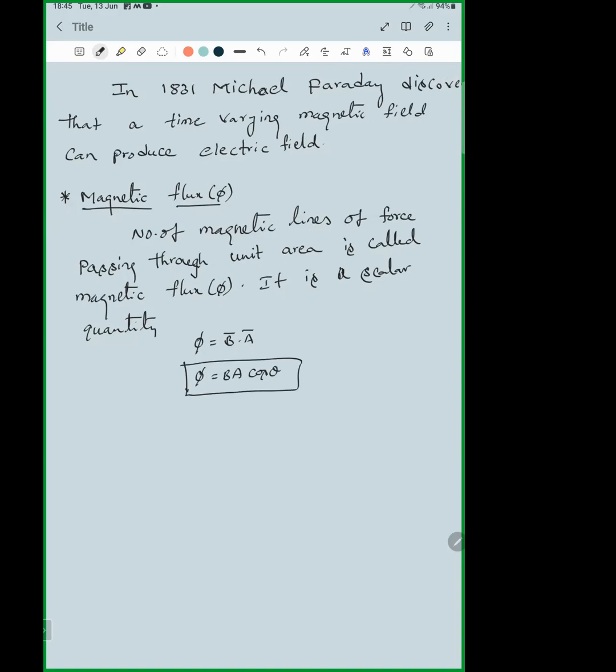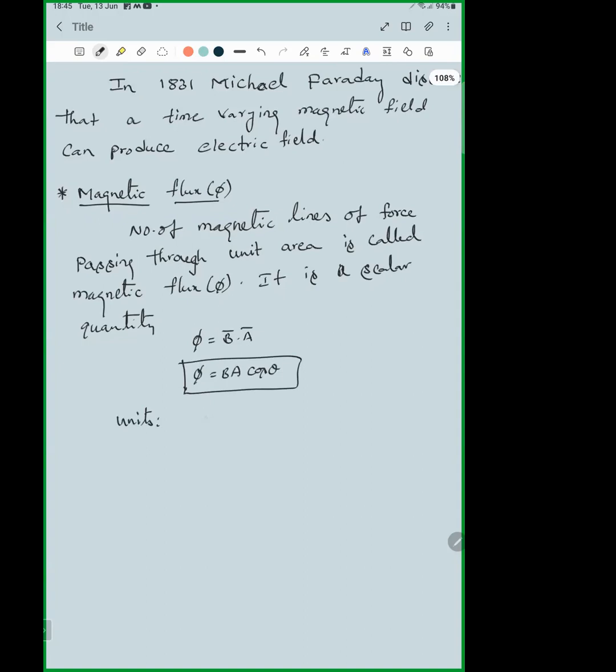What are the units for it? Now write down the units here. The SI unit of magnetic flux is Weber, WB. The CGS unit of flux is Maxwell.